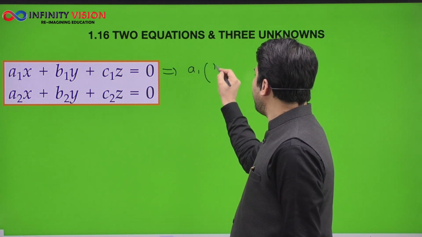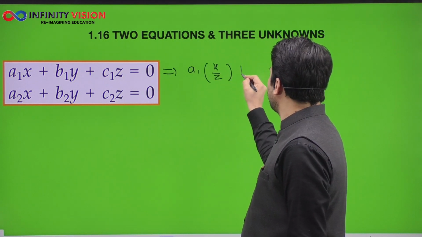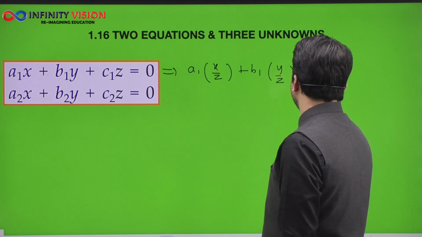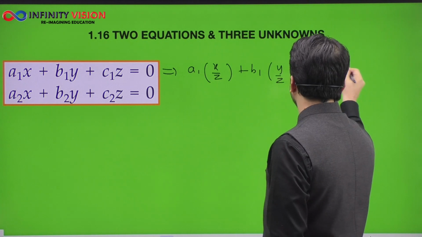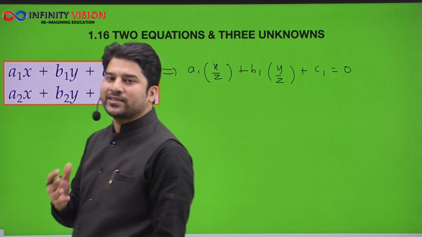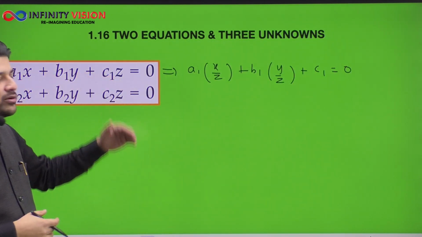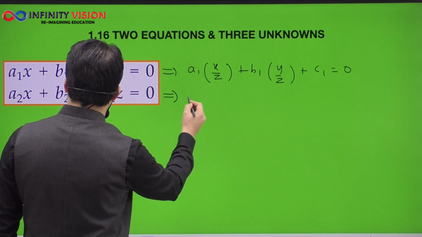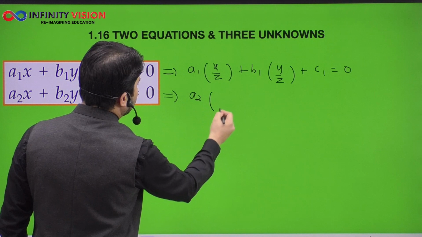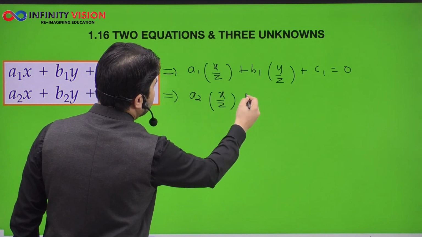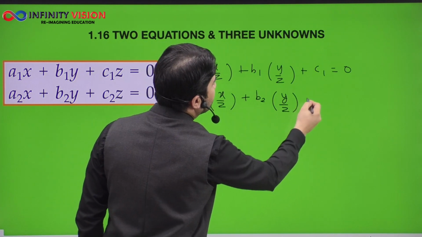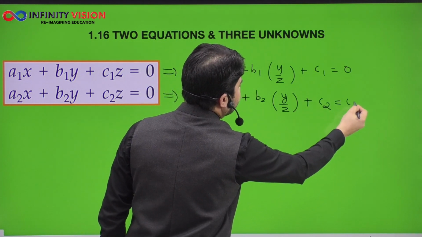a1 into x by z plus b1 into y by z plus c1 equals 0. So what I did, I just divided the first equation by z. I'm going to follow the same routine for the second, so it will become a2 into x by z plus b2 into y by z plus c2 equals 0.